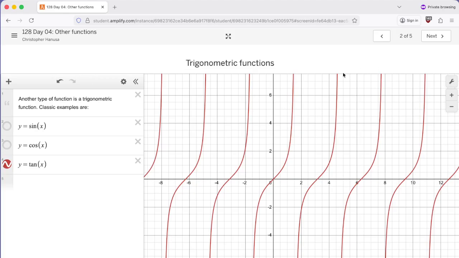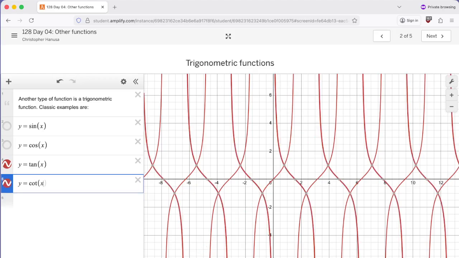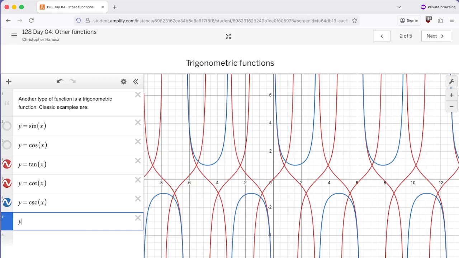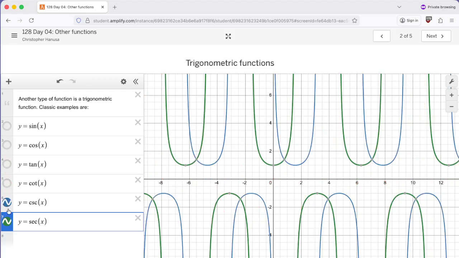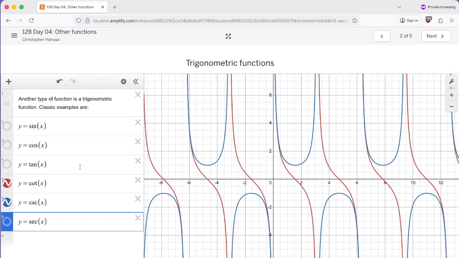We also have the other trig functions: y is equal to cotangent of x, y is equal to cosecant of x, and y is equal to secant of x. If you like any of these shapes, go ahead and try something new.